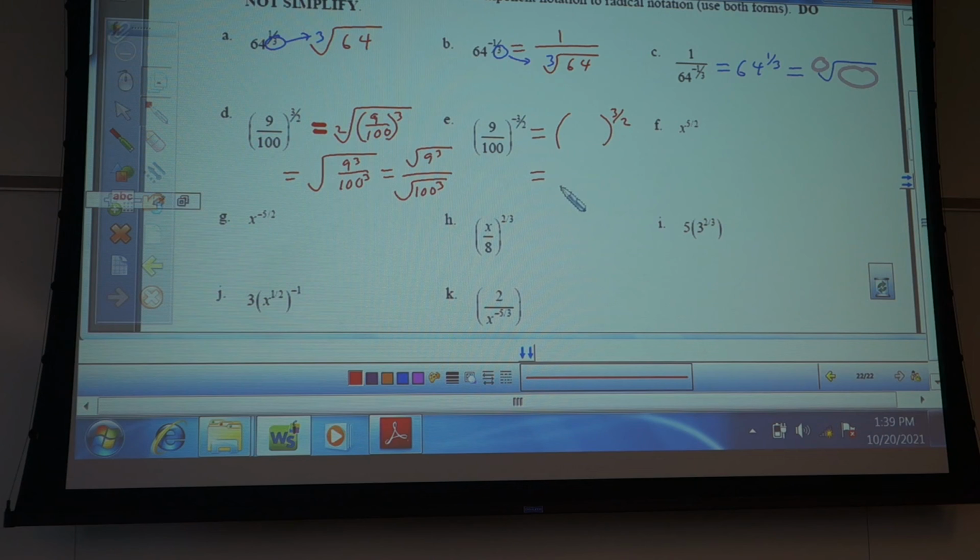Remember, if it's a negative exponent, what's on top goes on the bottom, what's on the bottom goes on top. So if I have a negative exponent, I can change it to a positive exponent by putting the 9 on the bottom, the 100 on the top. Now just write it in like you did these previous ones. So you could do any one of these options.